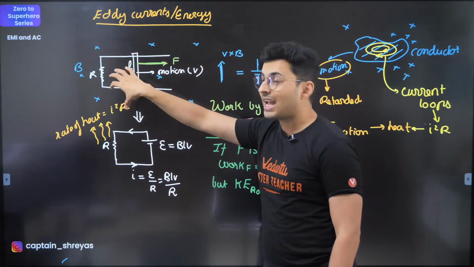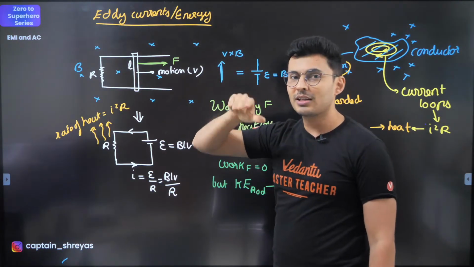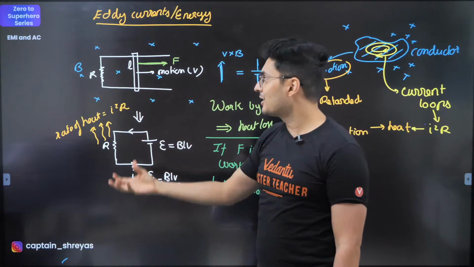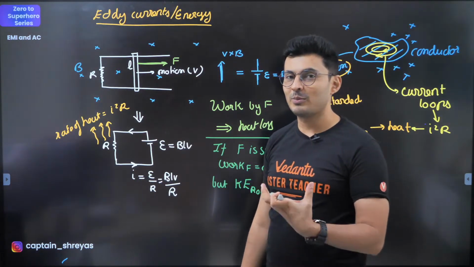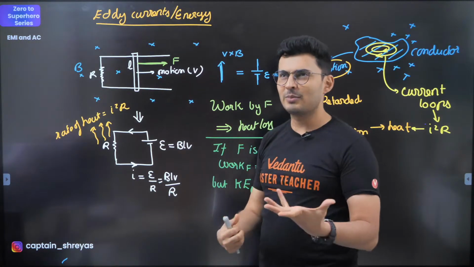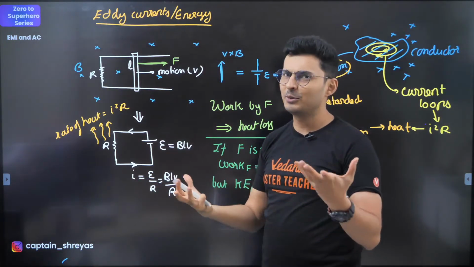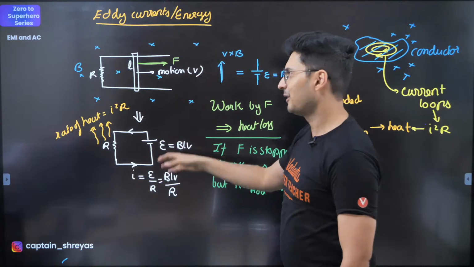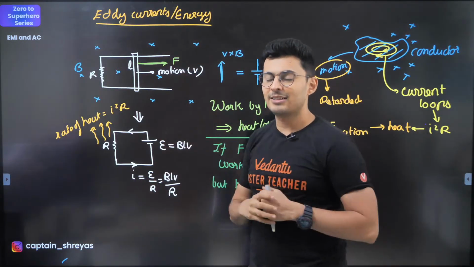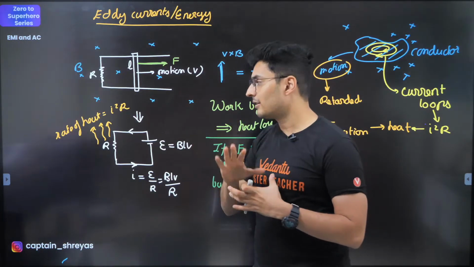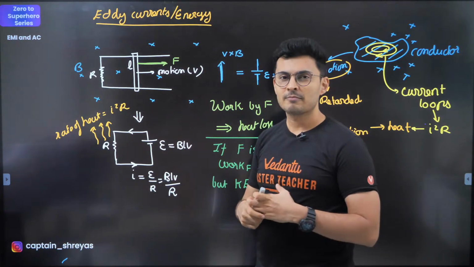It's coming from an external source, not from chemical energy in a battery, because there is no battery. Some people think it will come from the magnetic field. No, it does not come from the magnetic field. It's coming from an external source. So all my energy is getting wasted as heat loss.